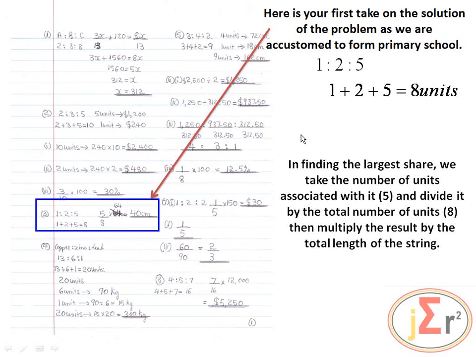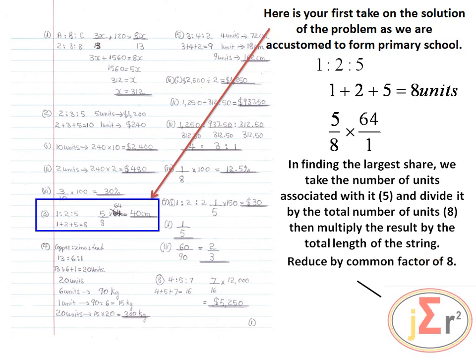Then multiply the result by the total length of the string. So that is what we are accustomed to. We place the number of units associated with the largest share over the total number of units and multiply that by the total length of the string, and we reduce by a common factor of 8.